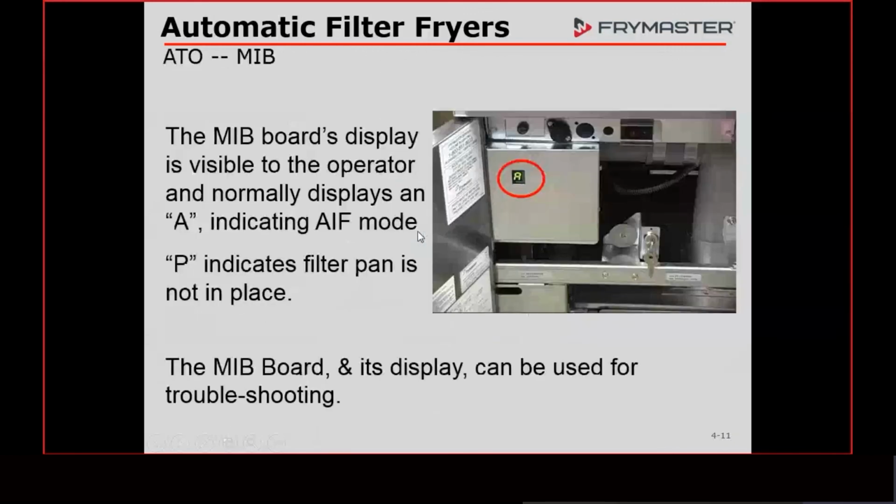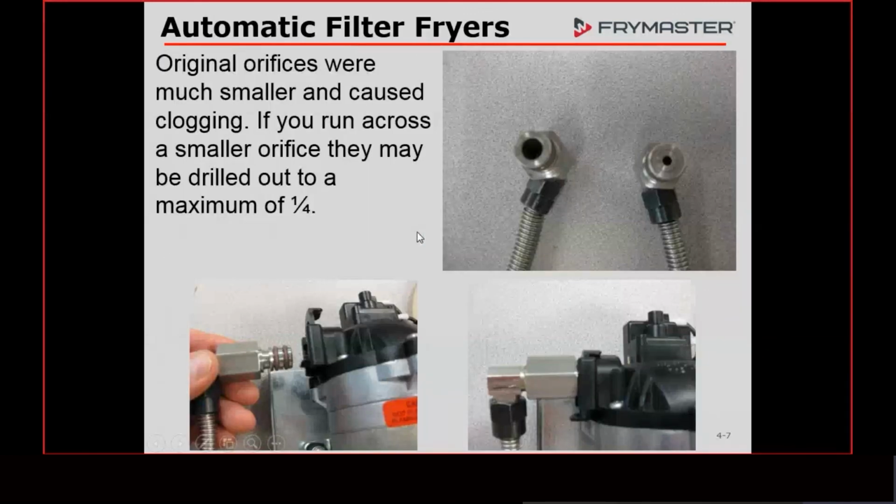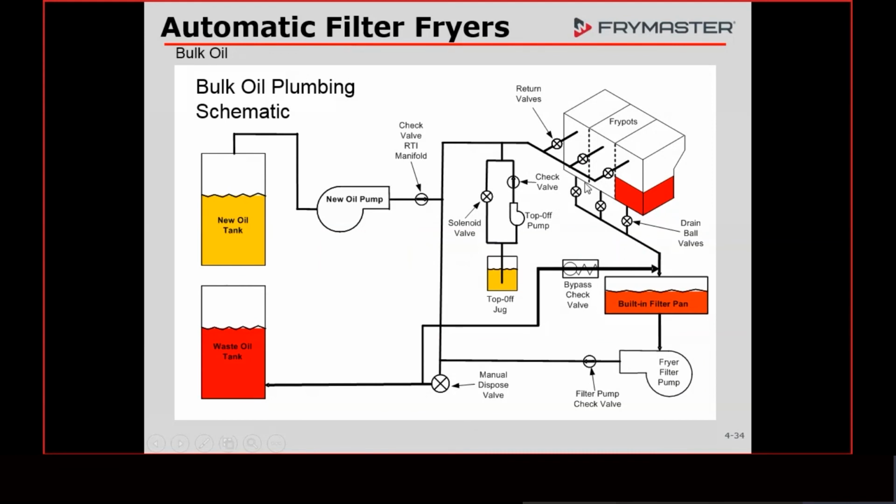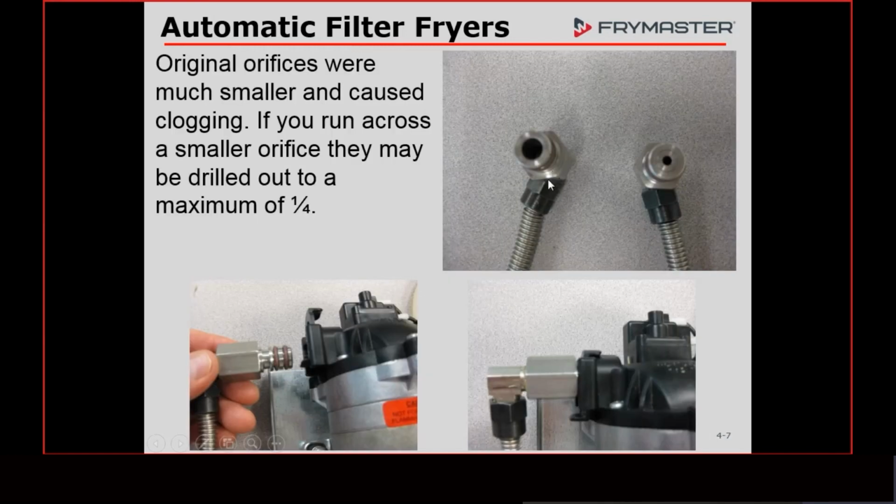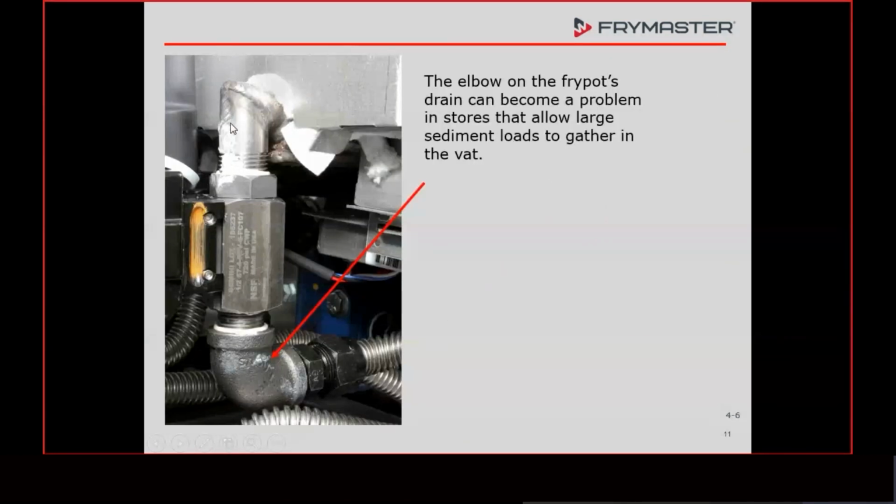Another thing that I'm going to bring up. If you have one of these lines off, and this is an automatic filtering fryer with automatic top off, cleaning out that elbow or whatever, if you've got that valve off of here, make sure the fryer is off.